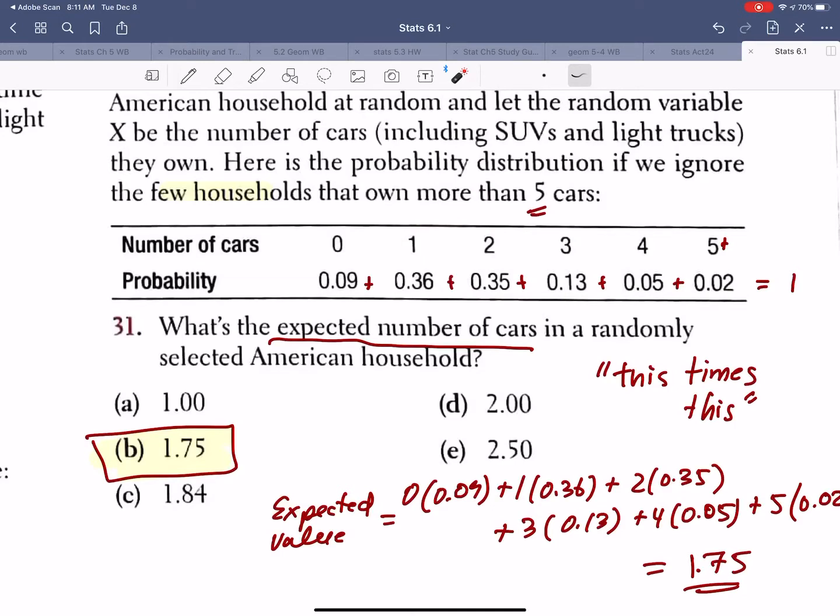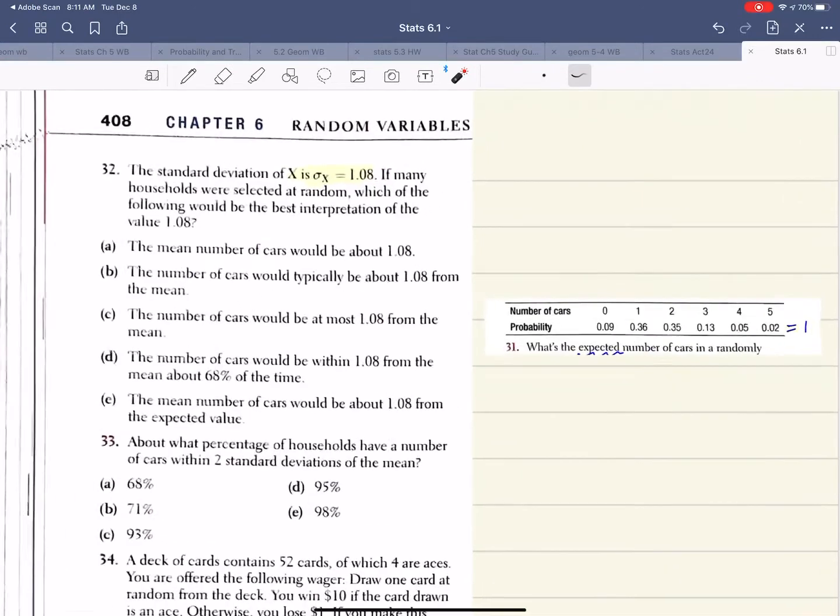Now they're saying I should expect it to vary about 1.08 from that 1.75. That's essentially what the standard deviation means.